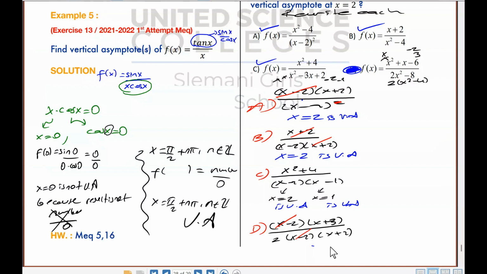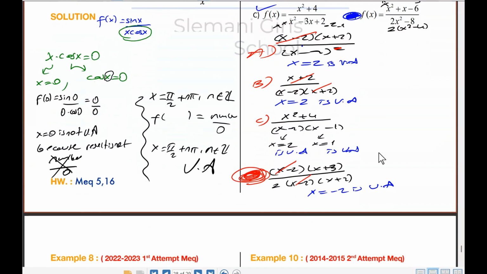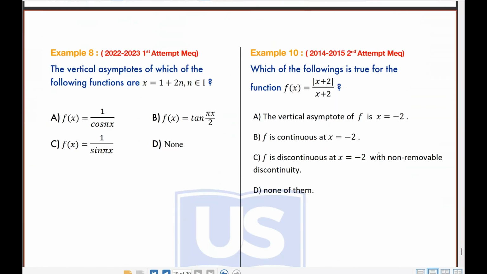So when x plus 2 is 0, x equals negative 2 is a vertical asymptote. What are we looking for? I'm looking for my vertical asymptote to be x equals 2, not negative 2. So that option doesn't have a vertical asymptote at x equals 2. Right? So let's move on.